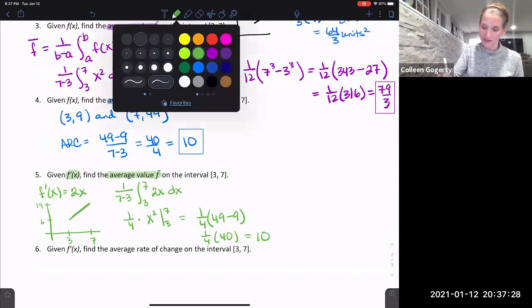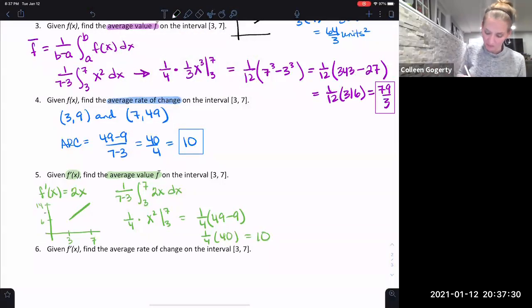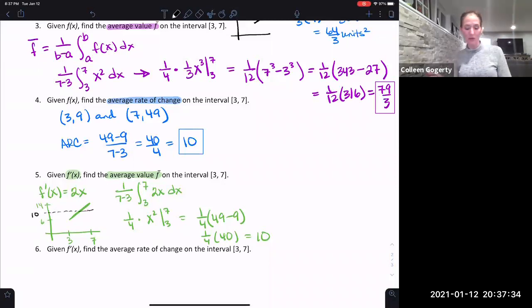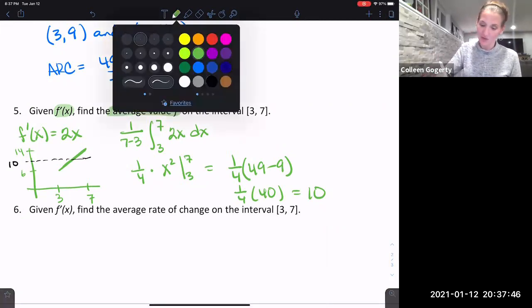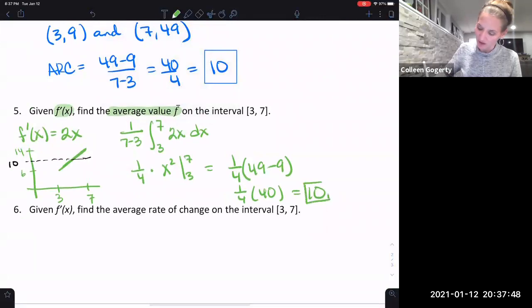Take a look at this: does it make sense for the average value, considering it's linear, to be 10 if we're going from the value 6 to 14? That worked out pretty nicely. So that's even one we could verify since it was linear.